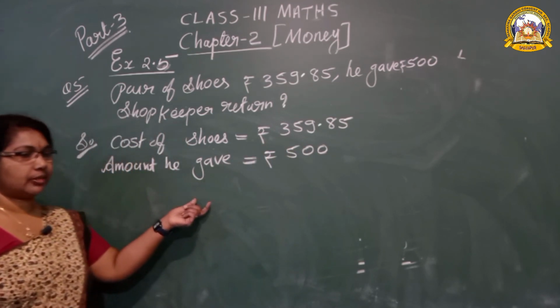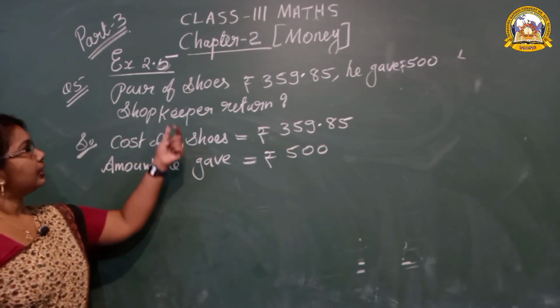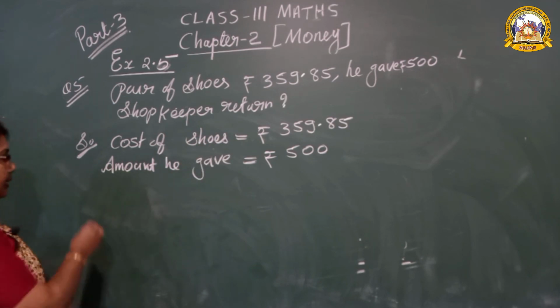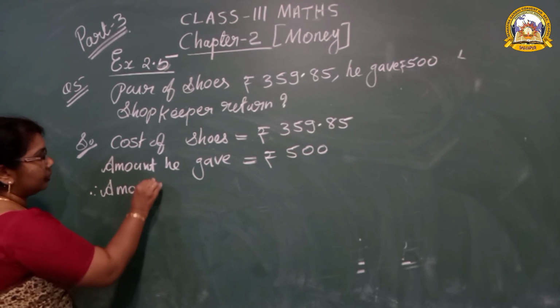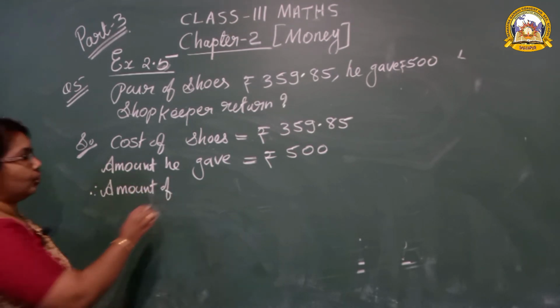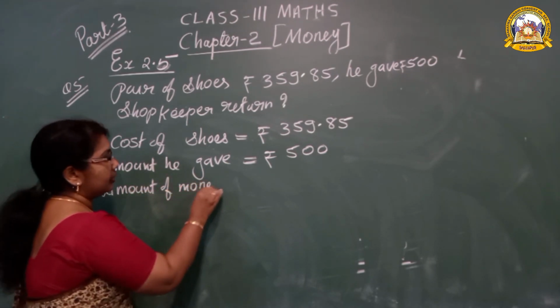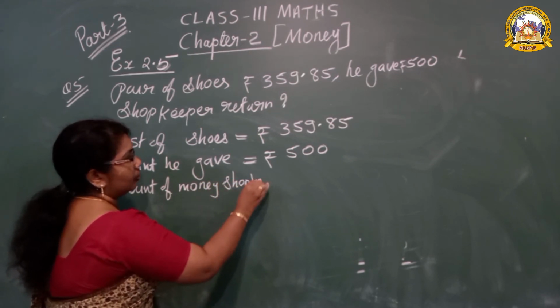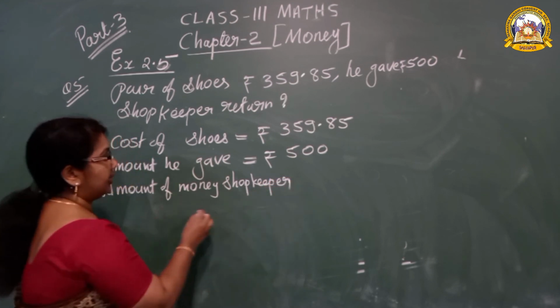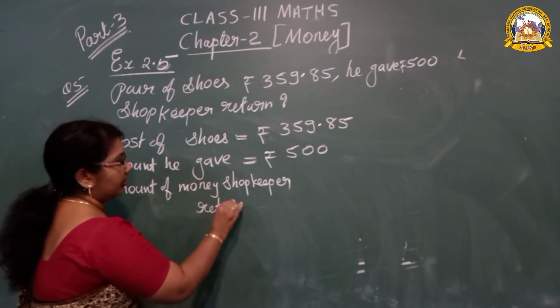What is the third step? Amount of money the shopkeeper returned. Therefore, amount of money shopkeeper returned. Return means वापस दे दिया.